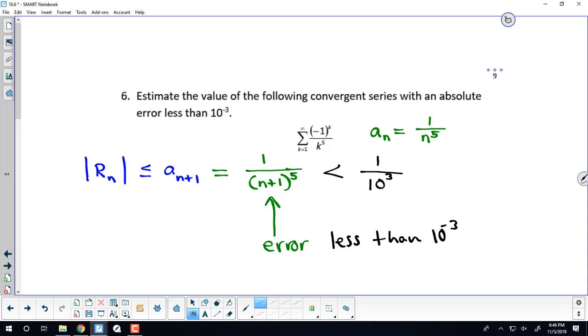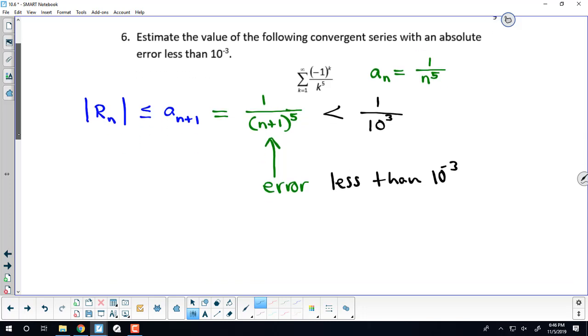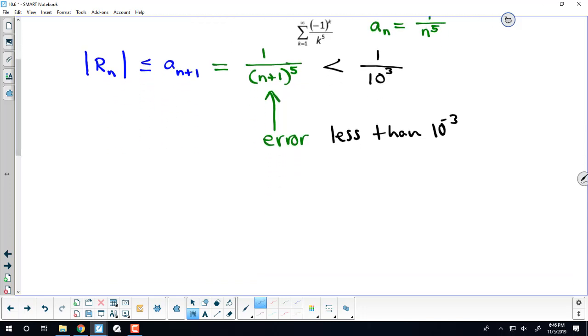So our first neglected term is the error, and that error has to be less than 10 to the negative third. Is everyone okay with that? So then all we've got to do is take this inequality and solve for n.